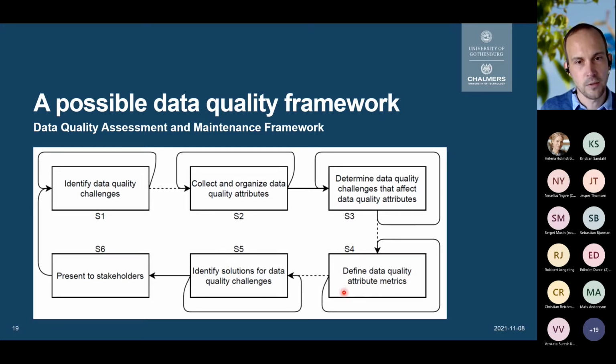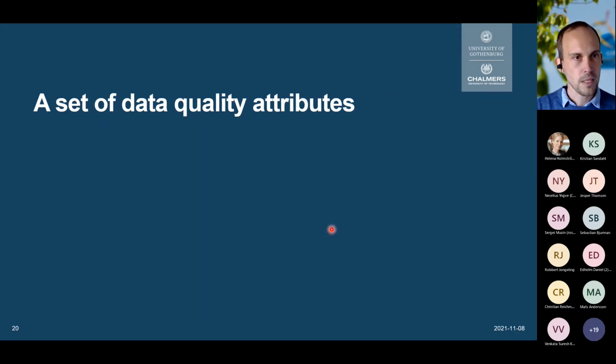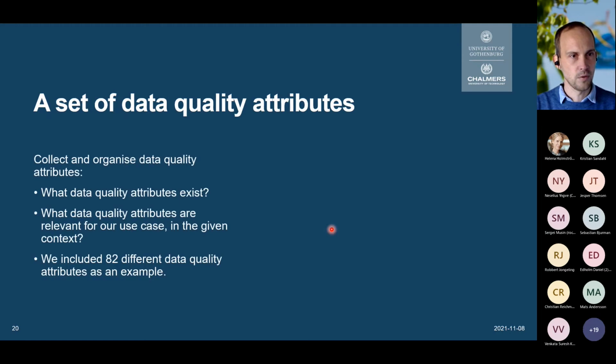Define data quality attribute metrics. Identify solutions for data quality challenges. And of course, present and send them to the stakeholders. I will now show the list of possible data quality attributes that we found for automated driving systems. A set of data quality attributes.